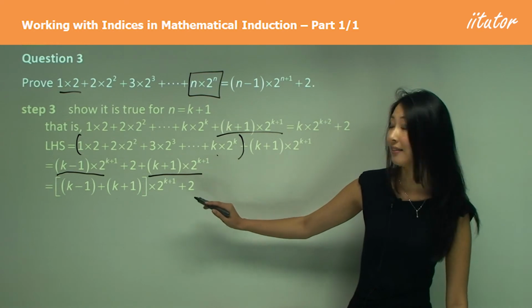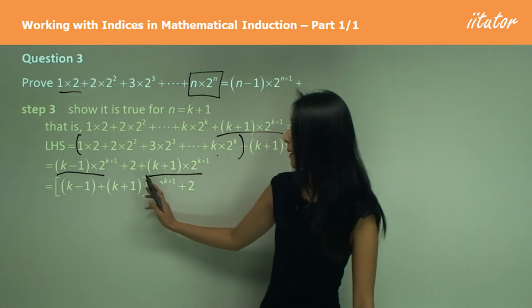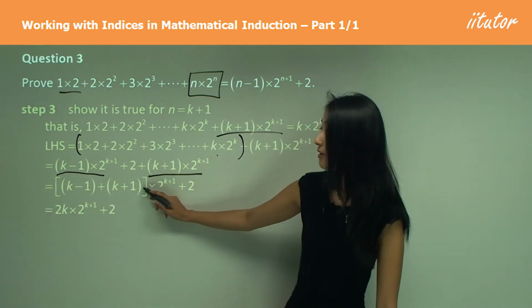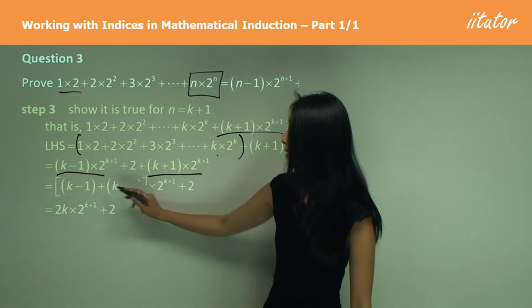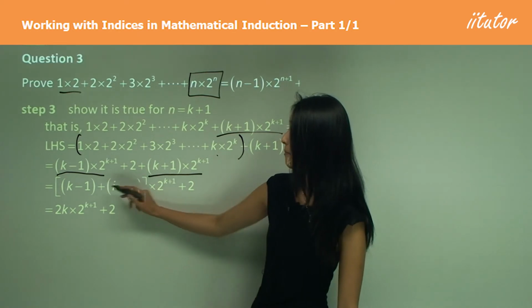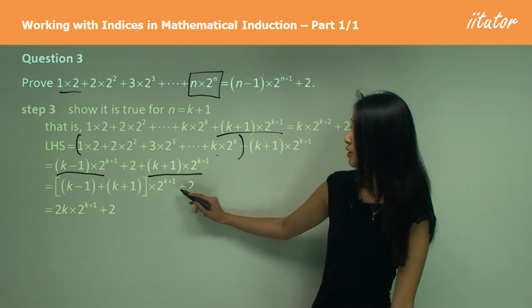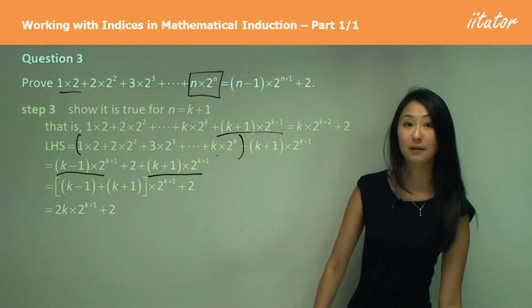And that leaves us with k minus 1 plus k plus 1. And now I'm just going to summarize this. So k plus k gives you 2k, minus 1 plus 1, just 0. So that's why it becomes 2k times 2 to the power of k plus 1, plus 2.